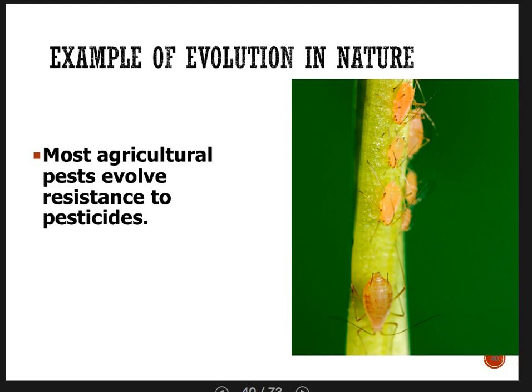The second part is that it has to be heritable. If this natural selection thing is going to work, the trait that allowed them to survive the pesticide has to be a genetic trait. And the third is differential reproductive success. When you spray this pesticide, the ones with the gene, with the allele that allows them to be resistant to the pesticide, those are the only ones that are going to survive.